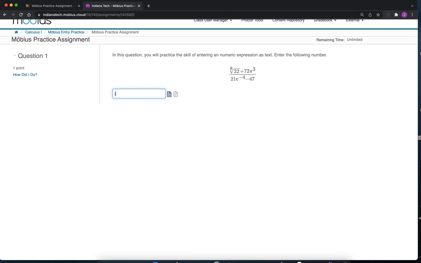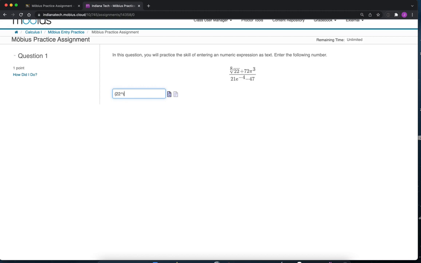Now, for the eighth root of 22, in text, we have to switch that and use the property that any root can be written as a fractional exponent. So this is 22 raised, and now we're going to use the exponent key, which is shift 6, and they call it a caret, and then raised to what power?